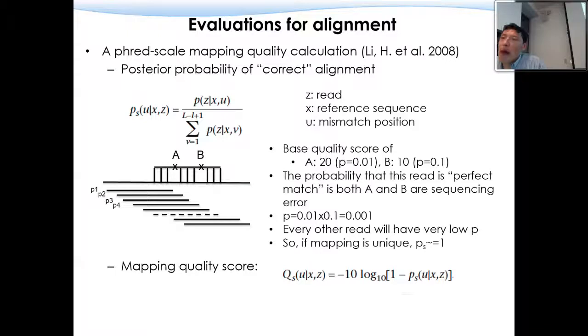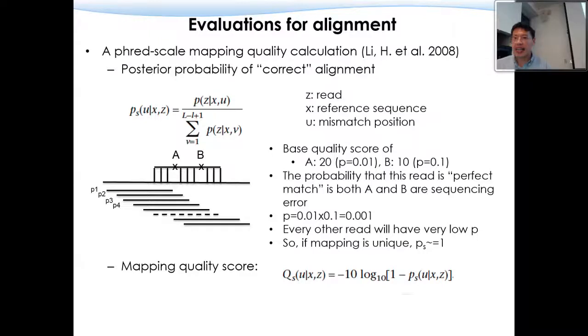Okay? So your mapping score calculation is 1 minus this number, which is the probability you actually made a mistake, and then minus 10 times log base 10 of this. To do this calculation exactly is not really feasible, because for every single read you would have to calculate the probability in every other location.